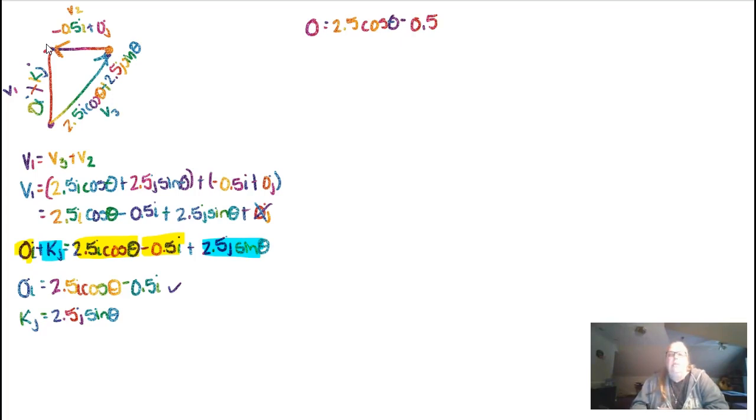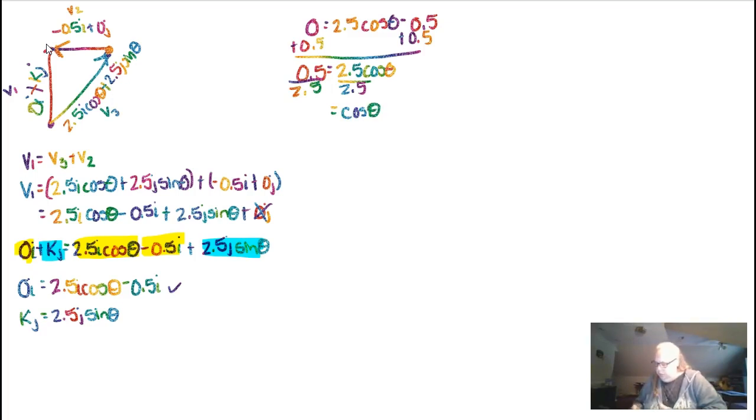Okay, now if I want to solve this for theta, I'm going to add 0.5 to both sides. Now I have 0.5 equal to 2.5 times the cosine of theta. Right, we're solving for theta. Let's divide out that 2.5 on both sides. That means the cosine of theta is actually equal to 0.2.